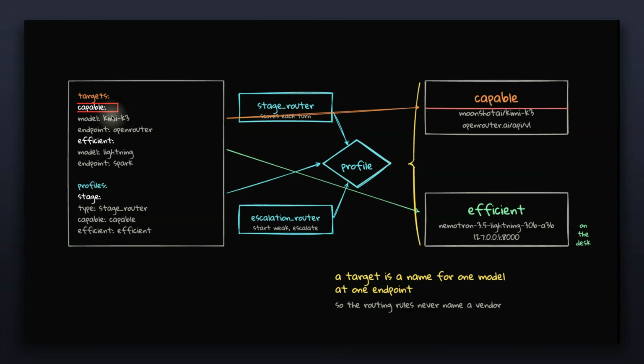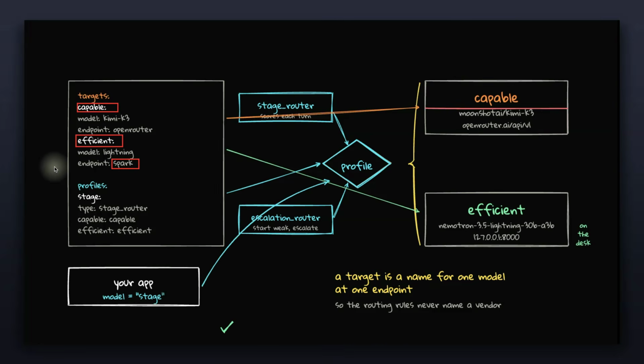In this case, I'm calling one capable, the other one efficient, and then I simply describe what model to use, what is going to be the API provider. You will notice a Spark here, which is my local DGX Spark running the Nemotron 3.5 Lightning model. Now, in your own app, you just need to set the router to the profile that you're using.